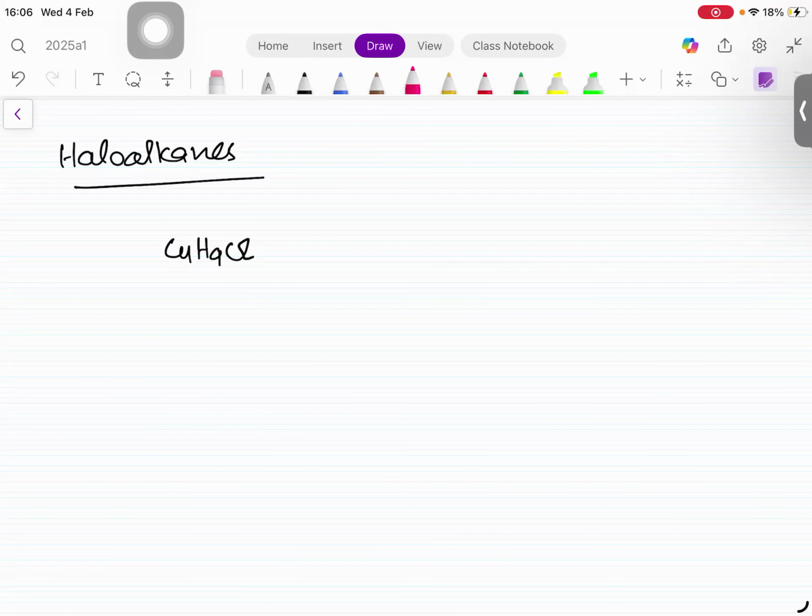There are 2 chains. All chain and position isomers.